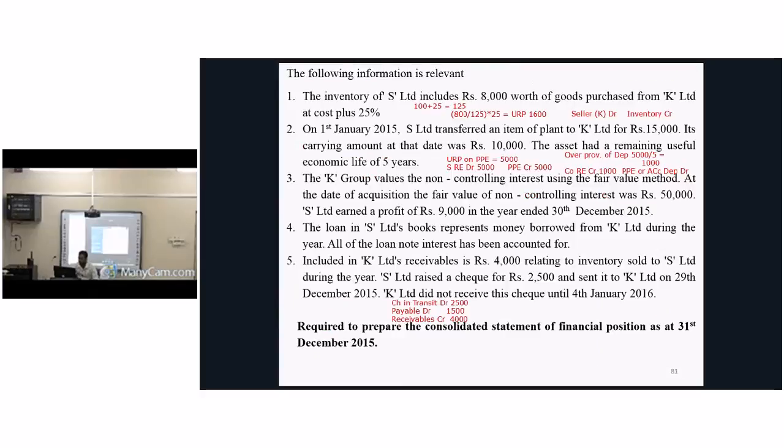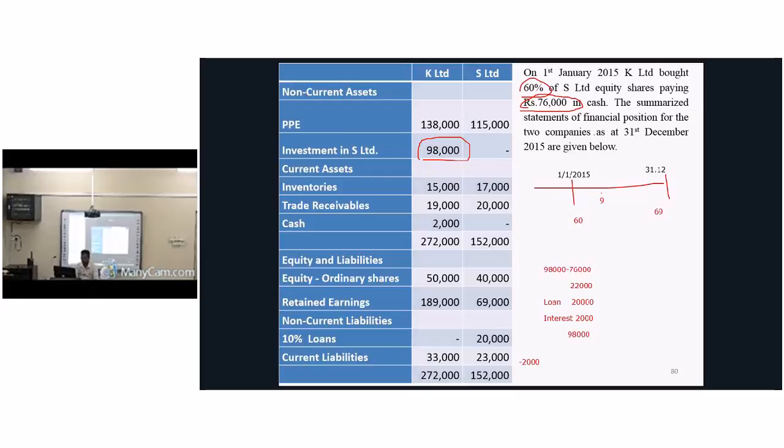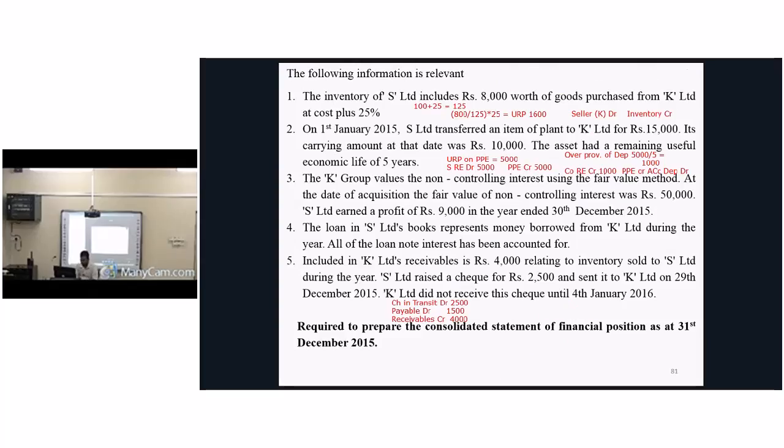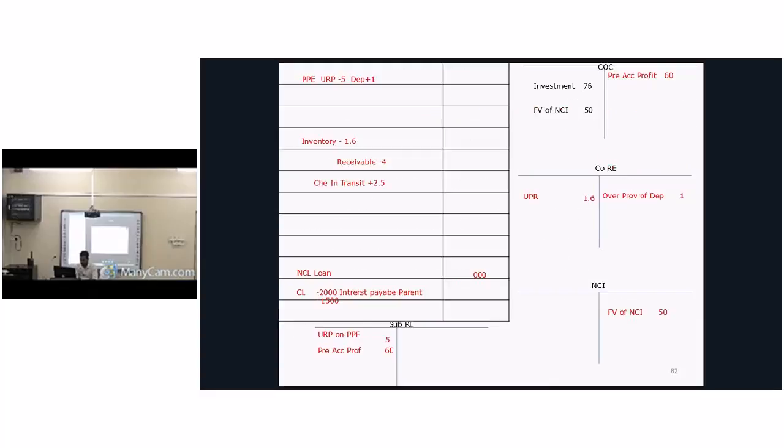PPE: 138 plus 115. There are adjustments, minus 5 plus 1. Then the final balance here will be 249. Investment 98.